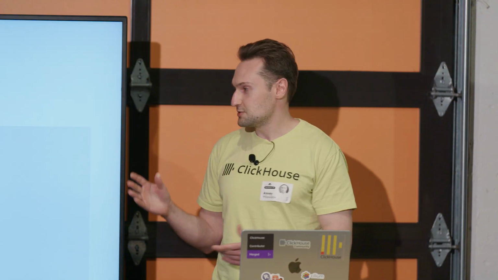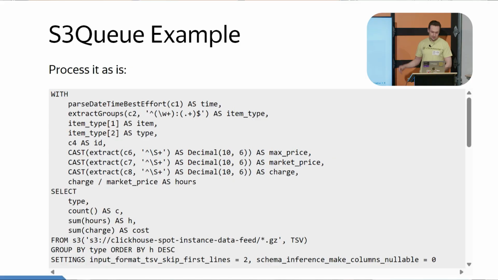So we can just process this data, extract what we need to extract with this select query. I'm extracting the time, the instance type, the price, actual price, market price, the number of hours, etc. And in this example, I'm just reading it once from the S3 table function.